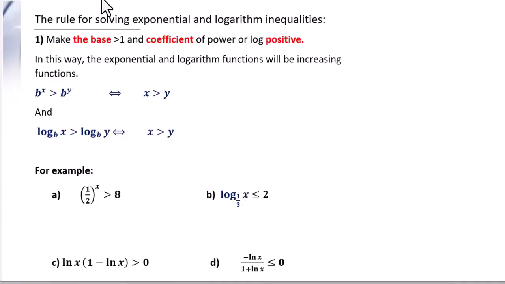This video is about solving exponential and logarithm inequalities. First of all, make the base greater than 1 and the coefficient of the power or log positive.